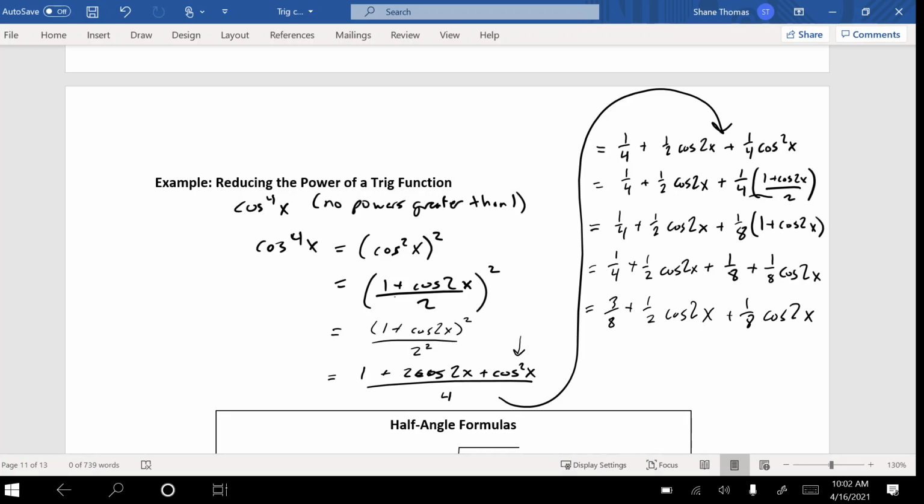All right, so there, I was able to rewrite that to get to a point where I only had powers to the first power. Okay? Questions on that? Anybody?